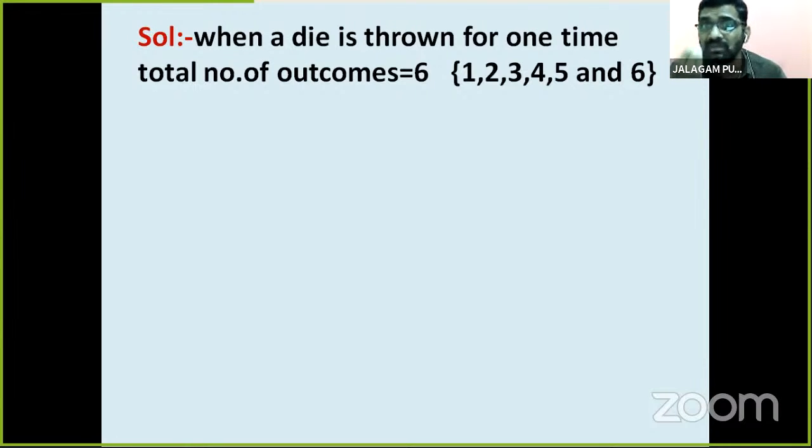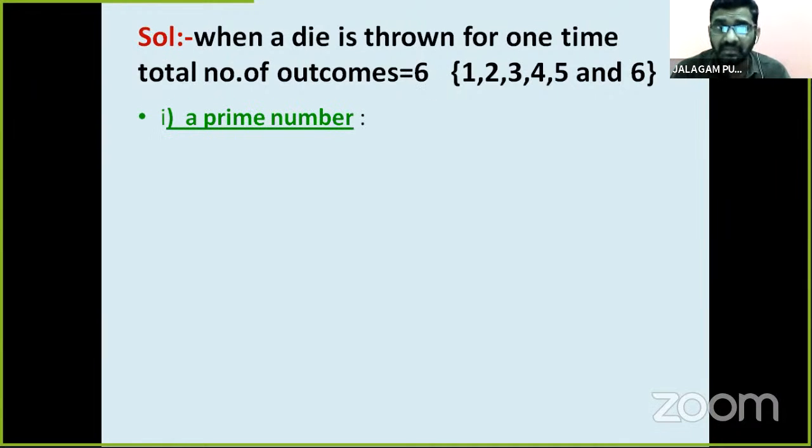The possible outcomes are 1, 2, 3, 4, 5, and 6. These are also the sample space. How many outcomes are these? 6. So here the total possible outcomes are 6. And then now we find the probability that it would be a prime number.